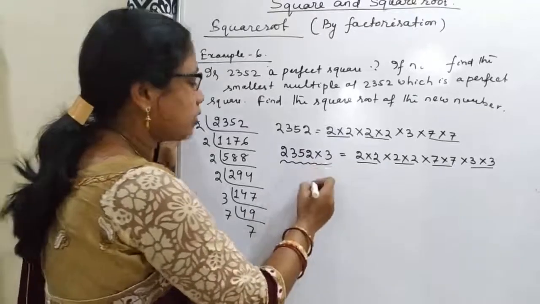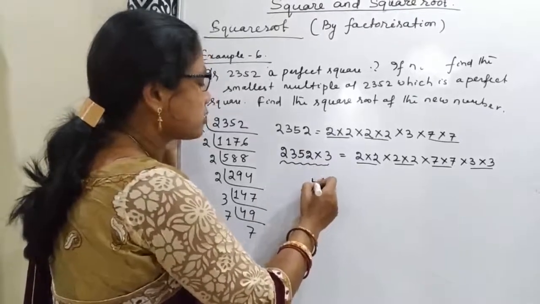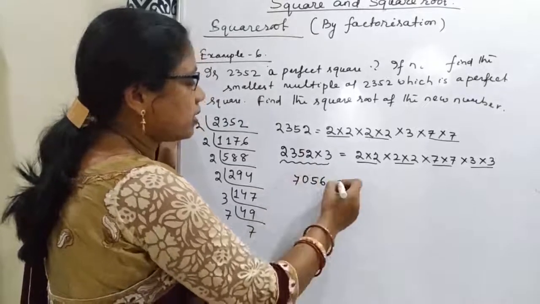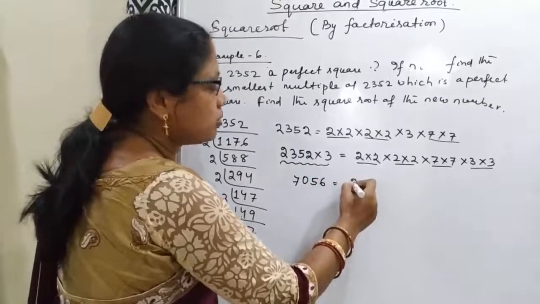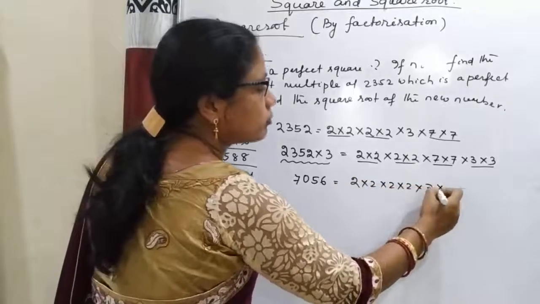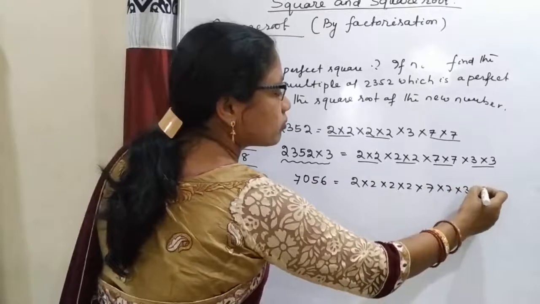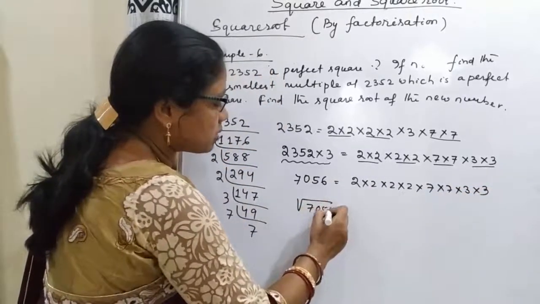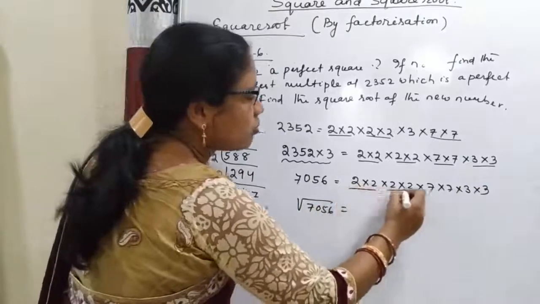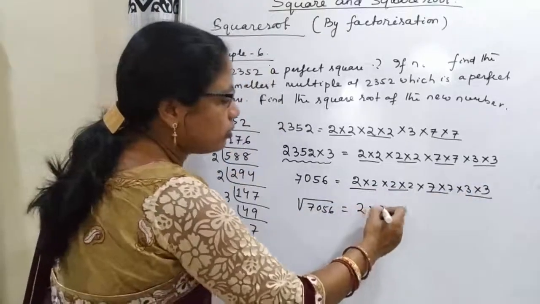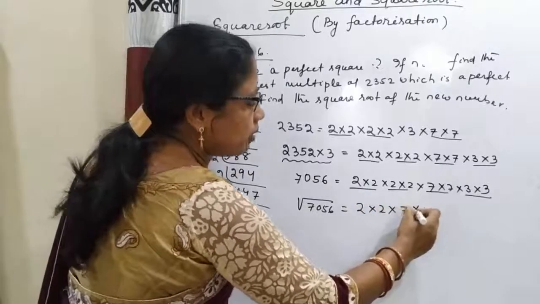So what is that multiple? 7056. So then what is the square root? The square root of 7056: we make them pair, and from each pair we will take 1. 2 multiplied with 2, 7.